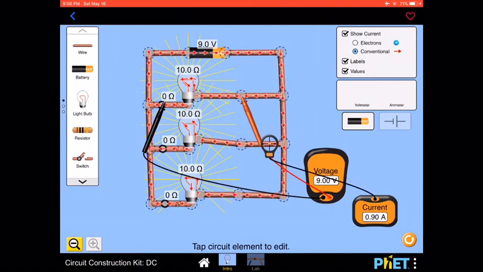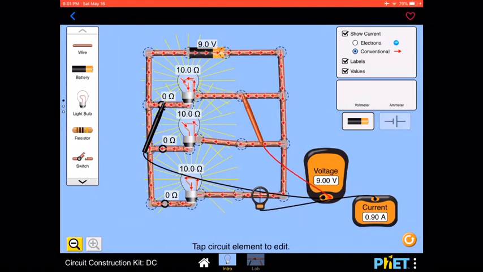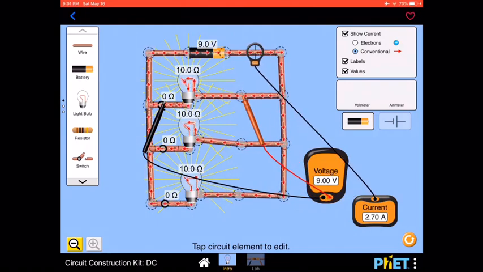Since the resistors have equal magnitude, you can see that each bulb has a resistance of 10 ohms. And if I do this, it's also 0.9. So 0.9 times 3 is a total of 2.7, which concurs with our circuit current.